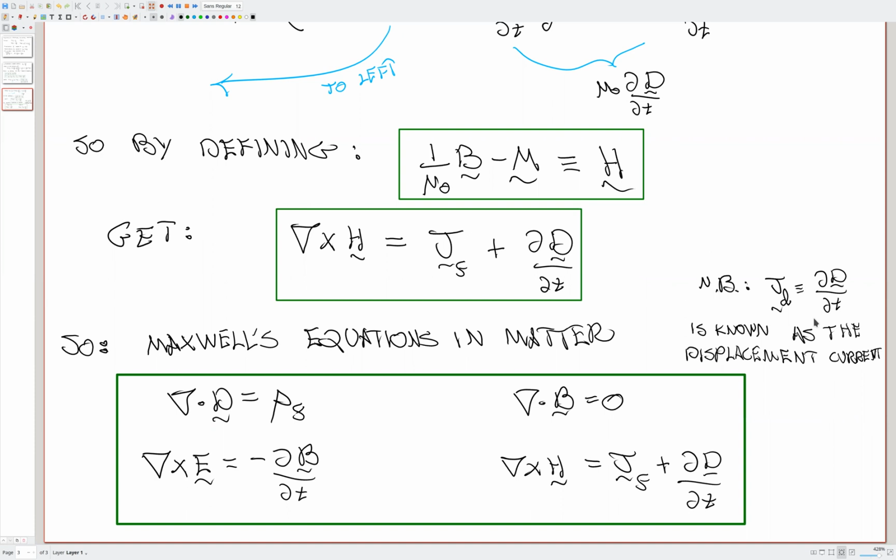So in the discussion that we had before, you remember with the charging capacitor and the changing electric field, we also called it the displacement current, which was technically correct, provided there was nothing but vacuum between the plates. I always like that phrase, you know, the space between the plates was filled with vacuum.